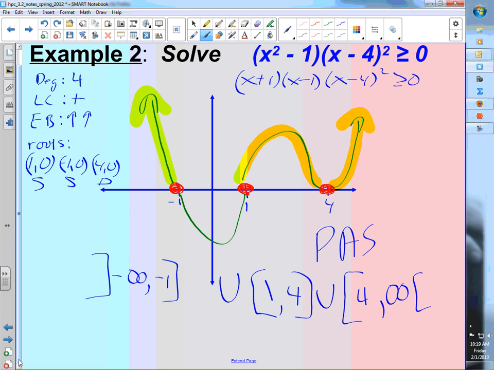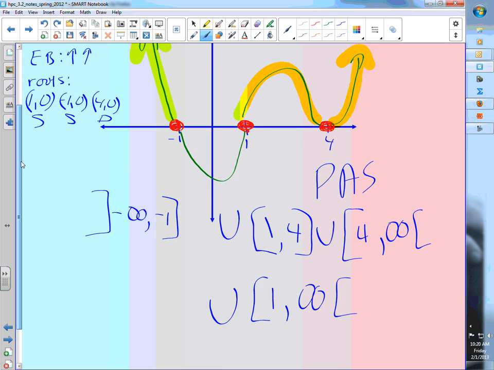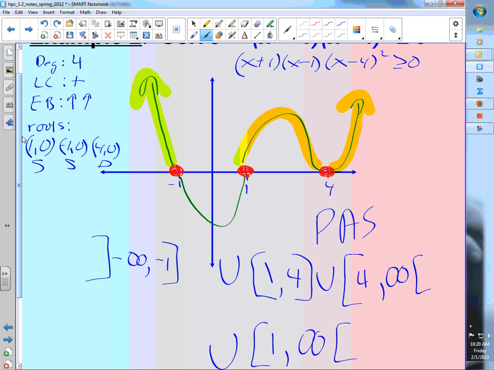But really, instead of this, we should have done union 1 comma infinity. Does that work for you? No reason to break this up just because we had a root. The root doesn't change the fact that it's everybody to the right of 1.